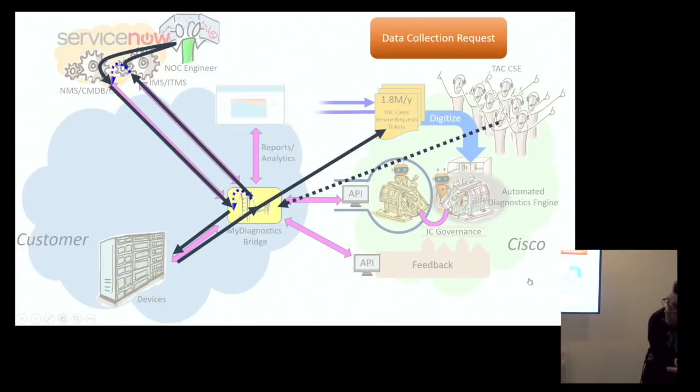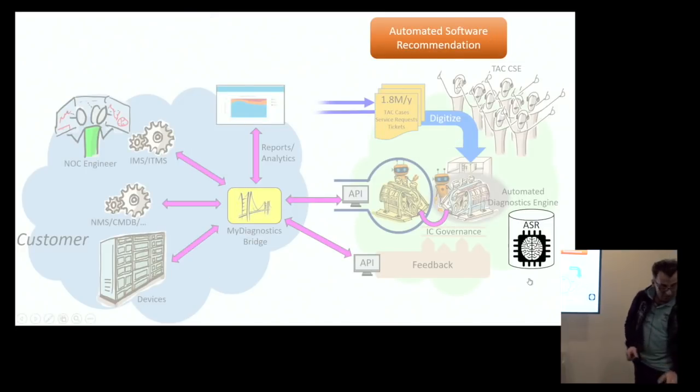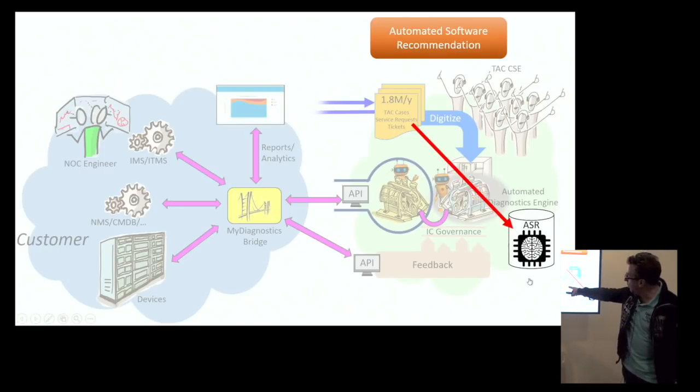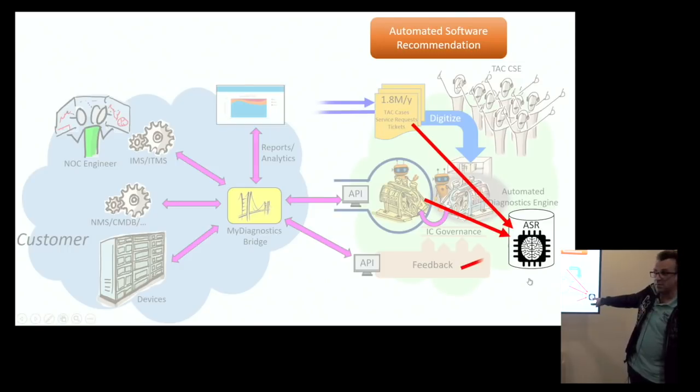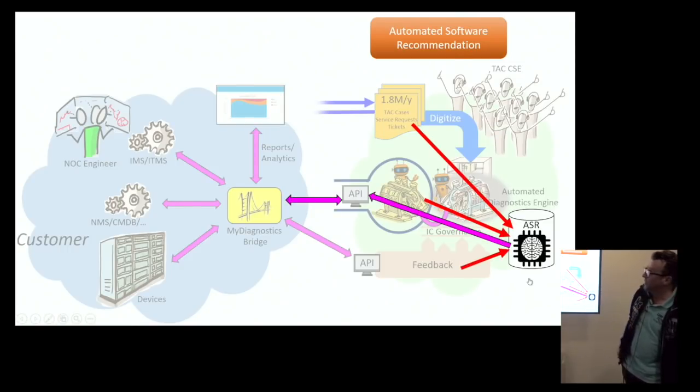And then the other part, in regards to AI: because we have knowledge about the tech cases, all the problems from the automated diagnostic, and the feedback from customers, we can now make a very appropriate AI software recommendation.